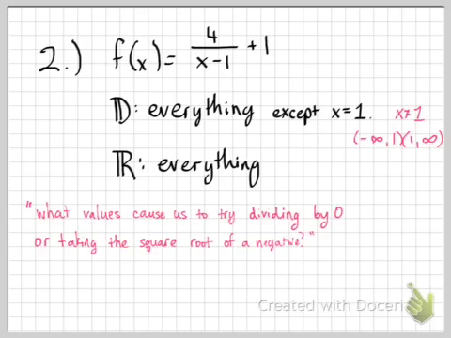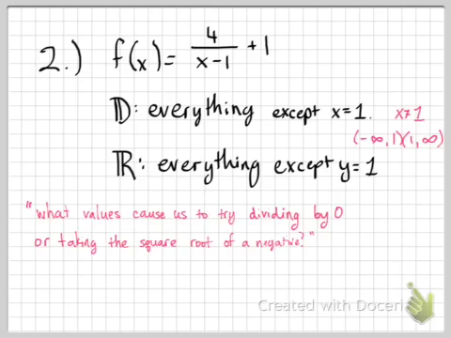Now for the range, we start by assuming that it's everything, and then think about what would happen to your horizontal asymptote as we shift the graph along its vertical shift. So in this case we have a vertical shift of 1, and that's going to move that horizontal asymptote up 1. So our range is going to be everything except y equals 1.